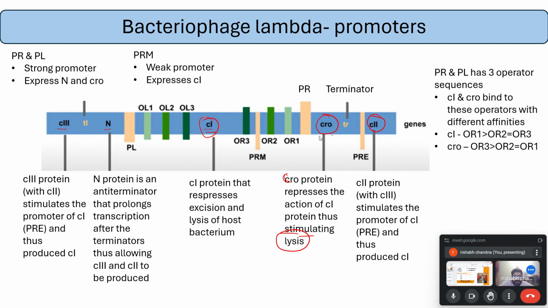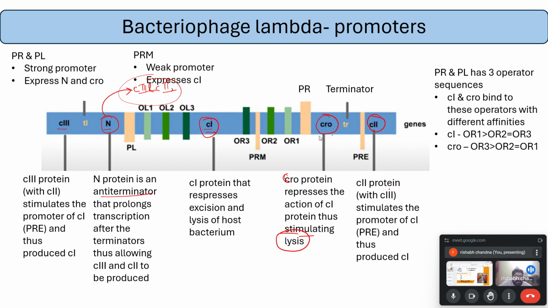C1 protein, first we'll go with the N protein. So N is the anti-terminator protein that prolongs the transcription after the terminators, thus allowing C3 and C2 to be produced. Okay, we'll get to know how this N functions, but in total, the N protein basically increases the transcription of C3 and C2 proteins, and it acts as an anti-terminator for these two proteins. Okay, then we have the C2 and C3 proteins.